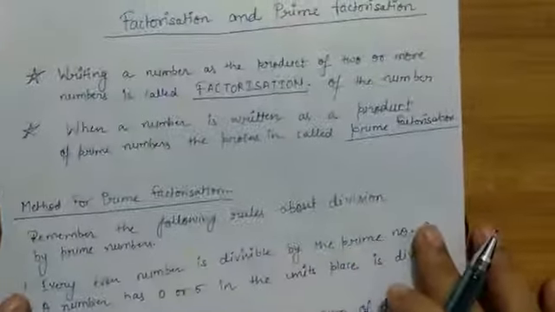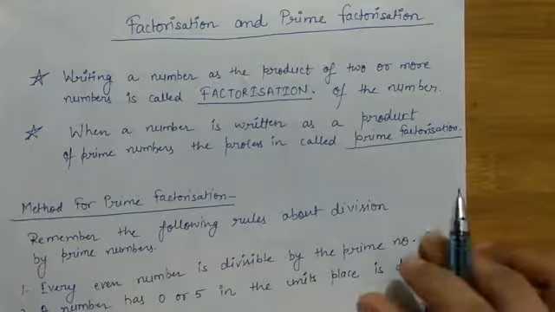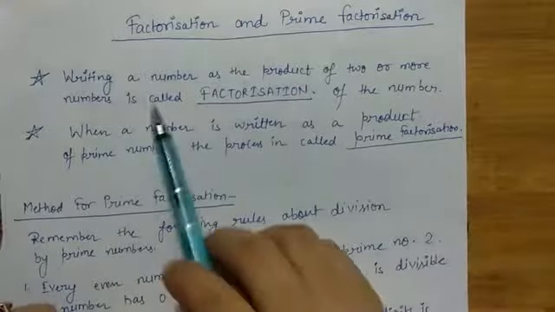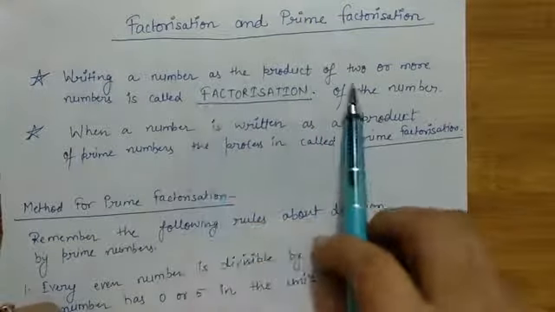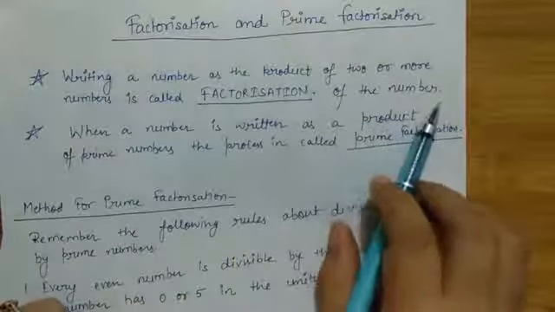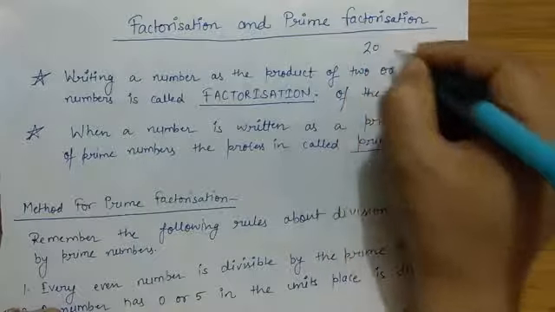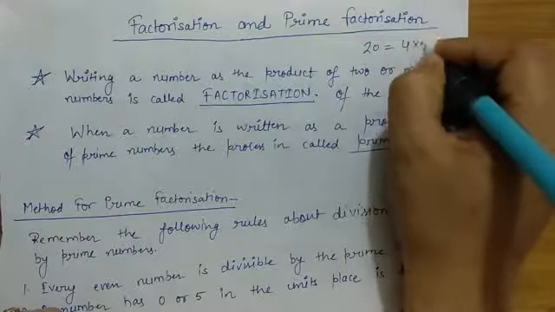Factorization and prime factorization. What is factorization? Writing a number as the product of two or more numbers is called factorization of the number. Like if we have as an example 20 and we write it as 4 into 5.